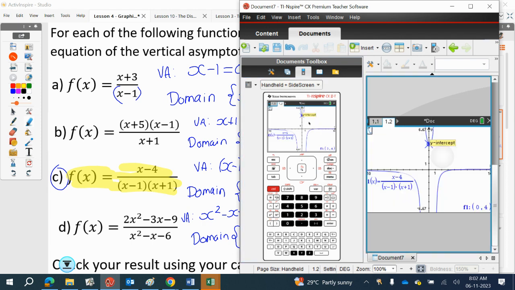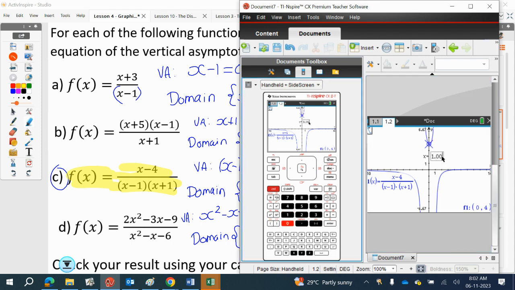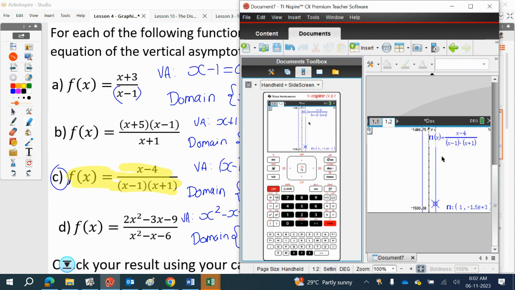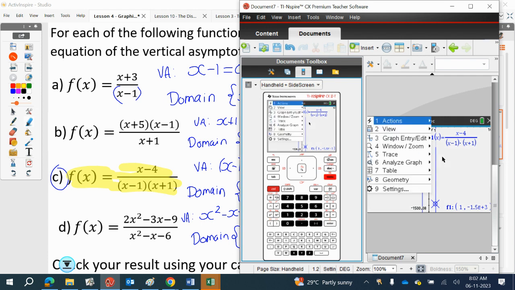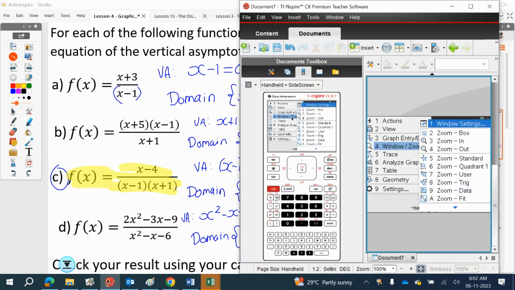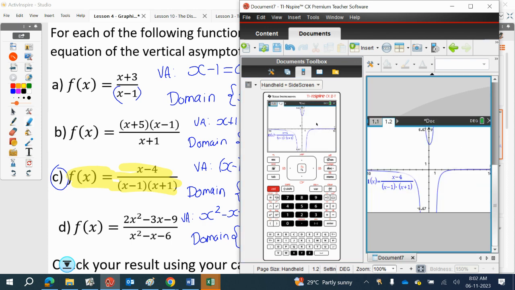If we try and trace it at some other point, let's say 1.001, basically at 1, it will actually find you a value. So the only place it won't find you a value is on an asymptote, and you visually see it. Let me put my calculator back into standard settings. So that's the first one.